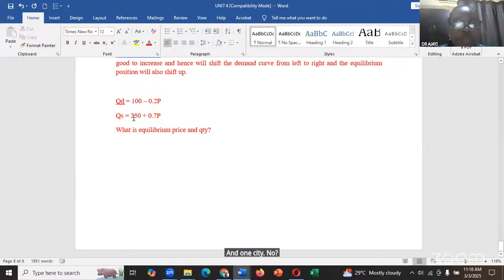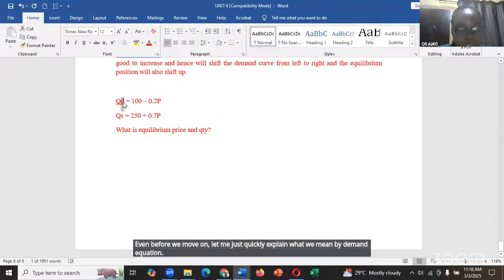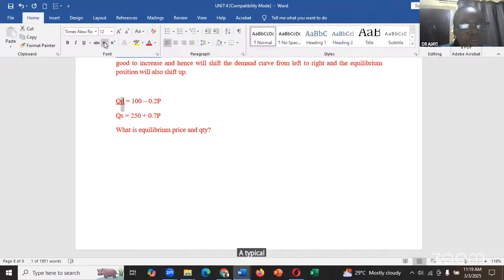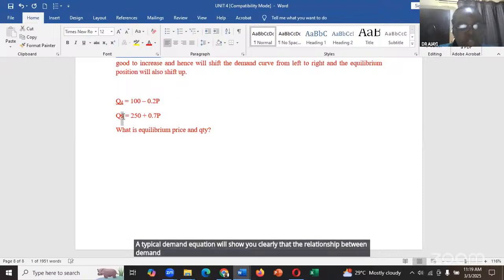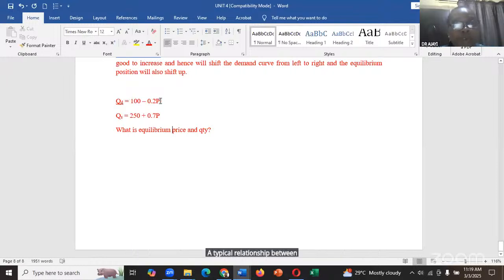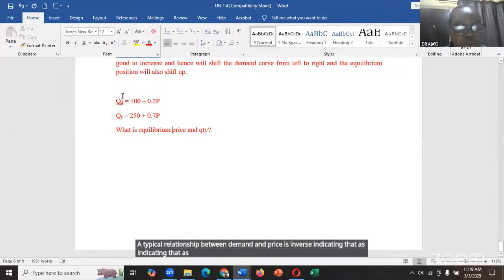Even before we move on, let me quickly explain what we mean by demand equation. A typical demand equation will show you clearly that the relationship between price and quantity demanded is inverse, indicating that as price is going up, quantity demanded is coming down.